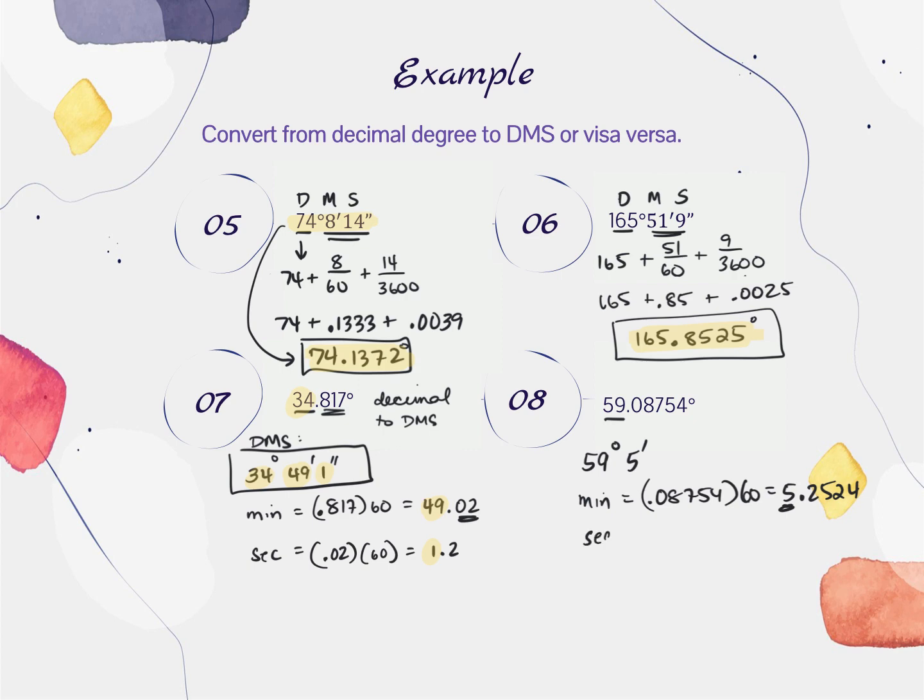Now the decimal part of that answer, which is 0.2524, is going to be multiplied by 60, and that's where I'm going to get my seconds from. So again, 0.2524 times 60, and I'm going to get 15.144. And again, I'm going to take that whole number part of it, and that's going to become my seconds. And so this answer in DMS form is 59 degrees, 5 minutes, and 15 seconds.